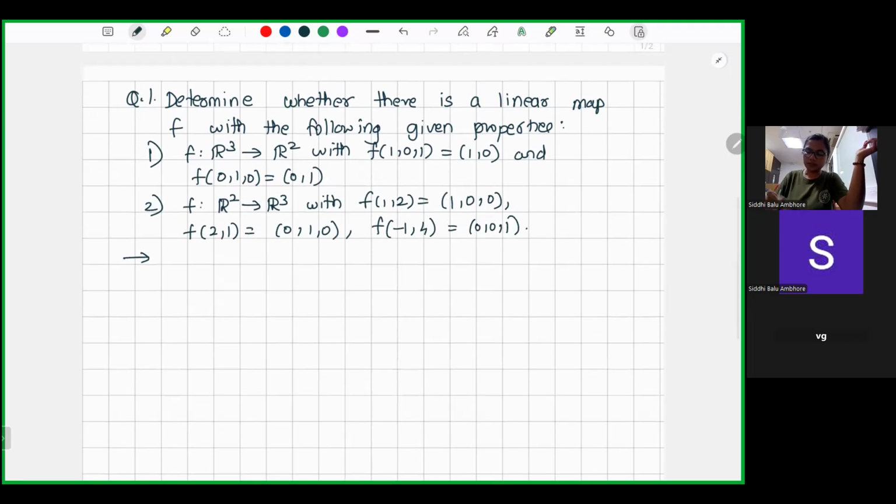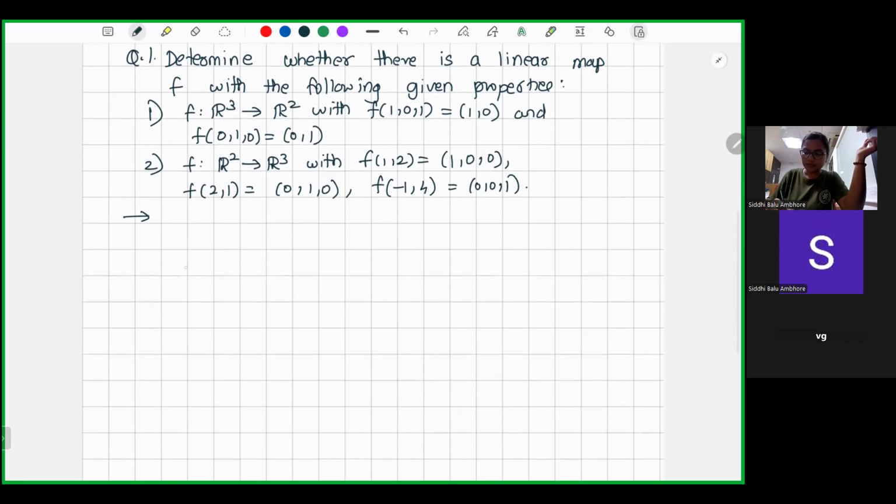What are the properties of F being a linear map? Let V and W be K vector spaces, where K is a field.